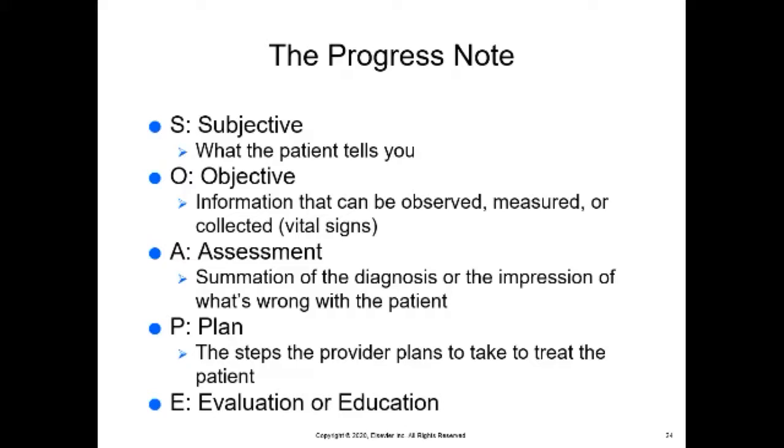P is plan, the steps the provider plans to take to treat the patient. E is evaluation or education. The E section is not always used by providers, but when the information is documented, it includes advice to the patient regarding treatments, advice to patients about disease, and future issues in response.